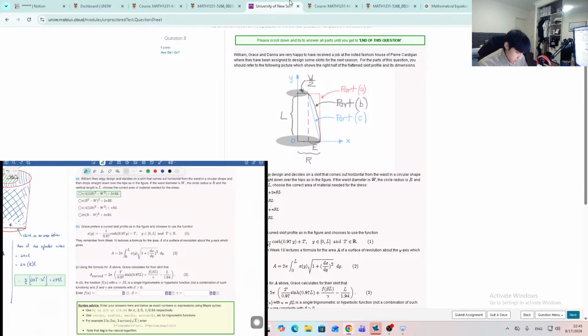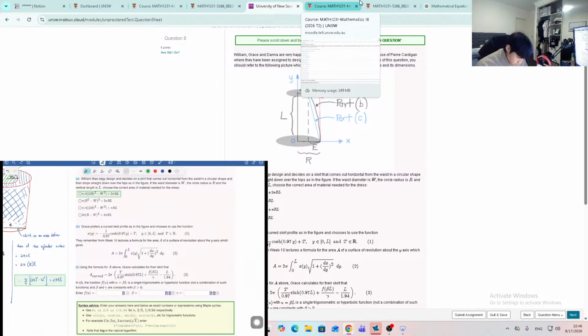Using the formula for A above, Grace calculates for their skirt that A curved, the area of the curved, 2 pi times T shine, it is a trigonometric, and B and Y are just constants with that.